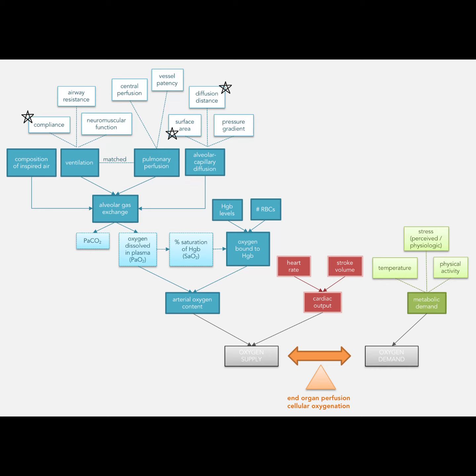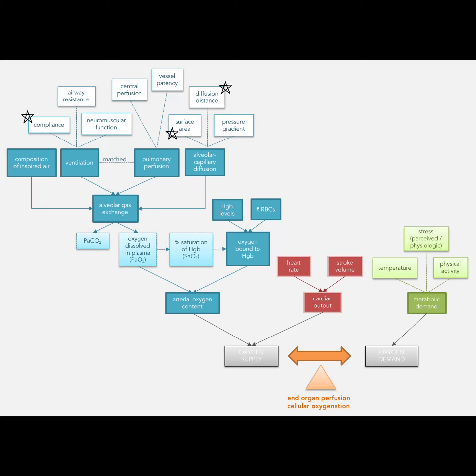Why surface area? Well, let's say normally we have 100, just a random number, 100 empty functional alveoli. If all of a sudden we fill 50 of them with liquid, now we're down to 50% of our functional capacity. So those are the key areas that could be impacted by the process of pneumonia.